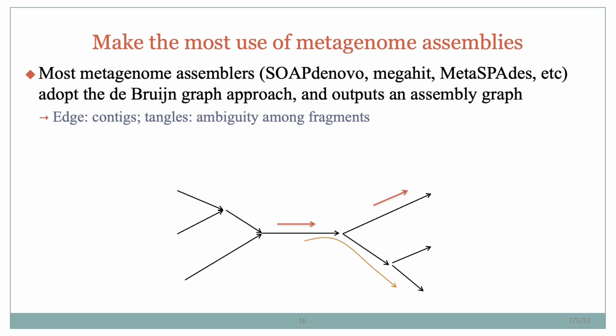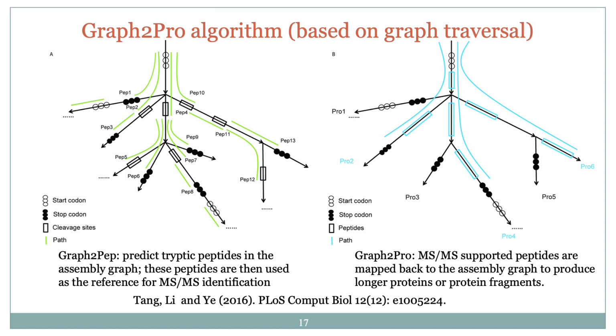The good thing is that most metagenome assemblers produce assembly graphs, and those assembly graphs contain this overlapping ambiguity among the fragments. The problem is how we can utilize those graphs for metaproteomics data analysis. So one of our approaches, which we call the Graph2Pro algorithm, is based on graph traversal in those assembly graphs, so that we can produce potential peptides from them, and then from those peptides we can predict their theoretical spectra.